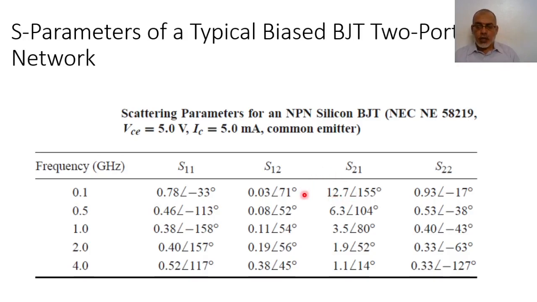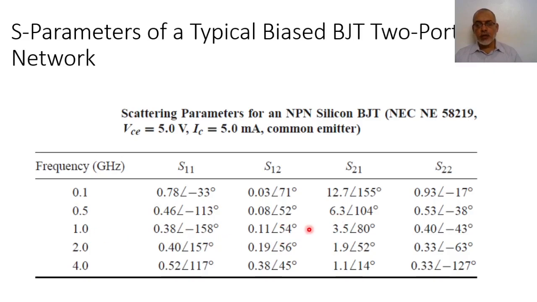So greater than unity here means that it has amplification. It is interesting to note that this amplification, as the magnitude, is 12.7 at 0.1 gigahertz. When we reach 0.5 gigahertz, it is nearly half the value, 6.3.